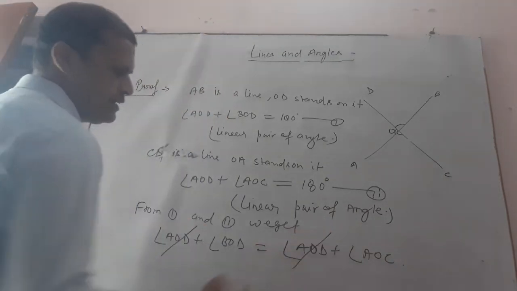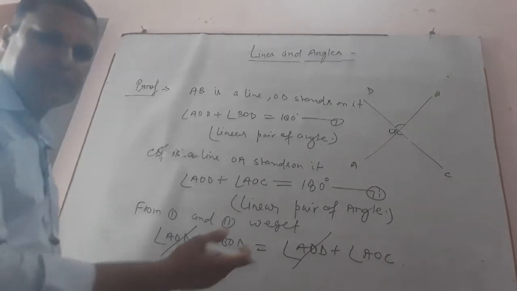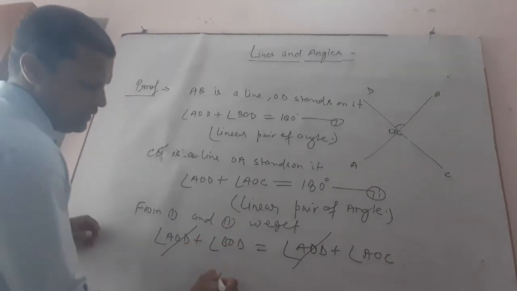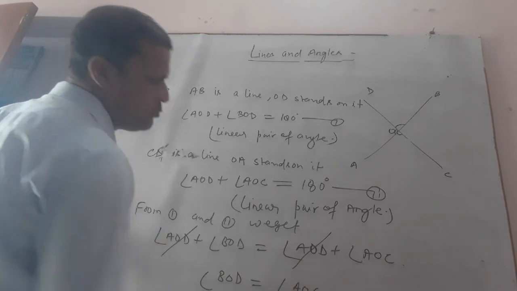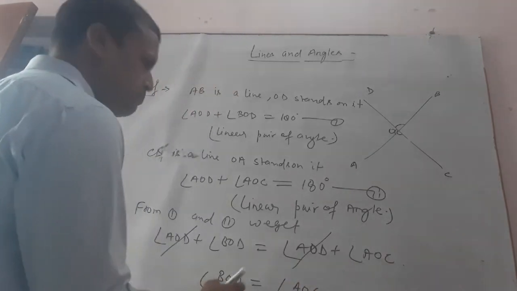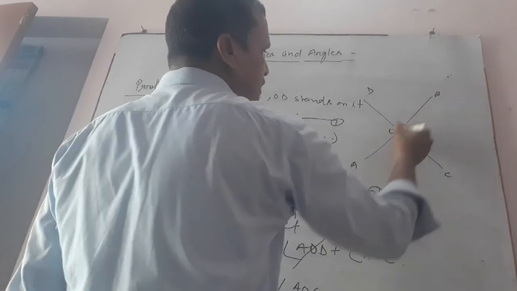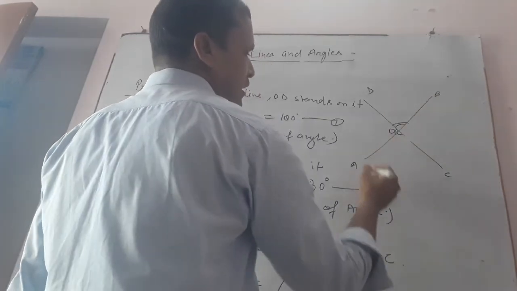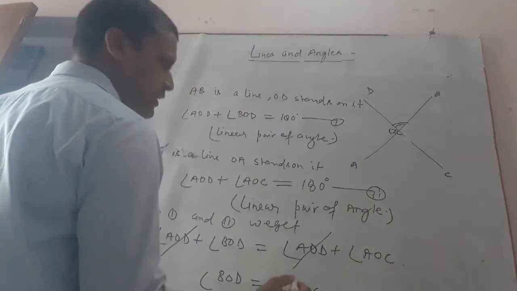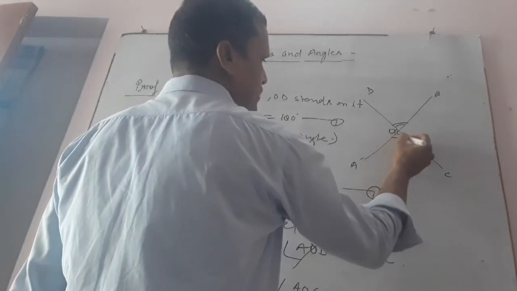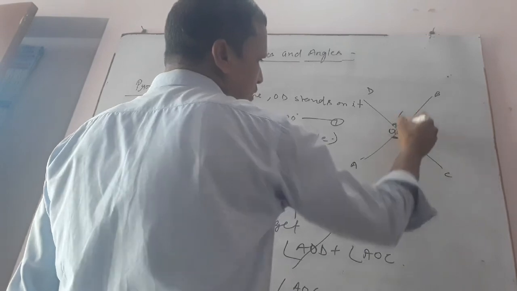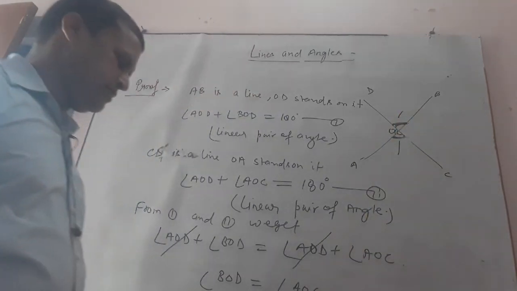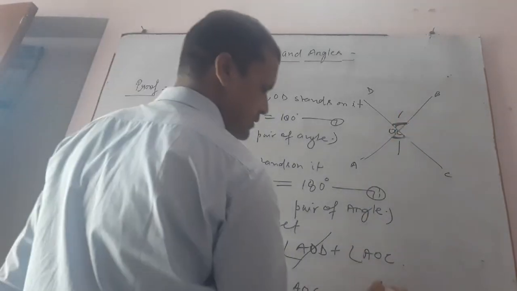AOD on both sides cancels out. Now angle BOD equal to angle AOC. BOD this one and AOC this one. These two are vertically opposite angles. Proved.